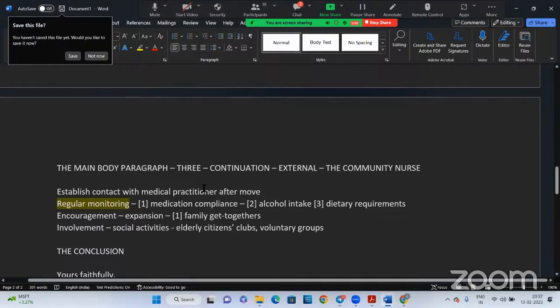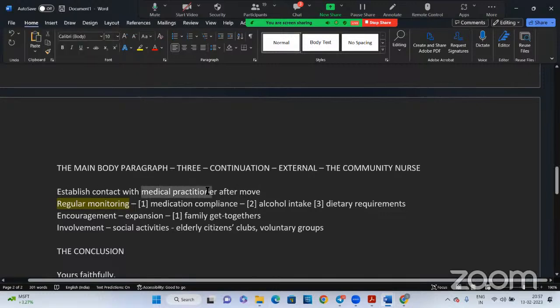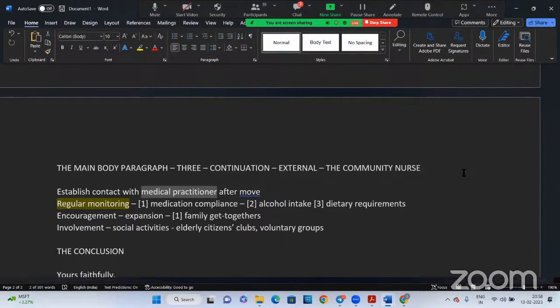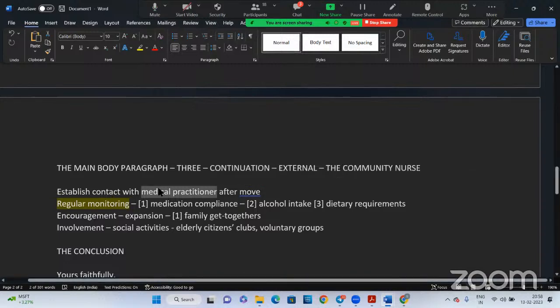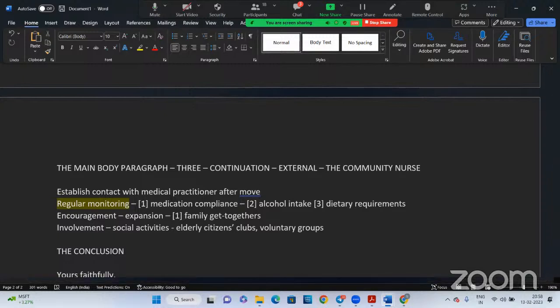Establish contact with medical practitioner means the doctor, because if any problem is there, first contact should be there and keep the doctor informed. So these are the points here: establishing contact with medical practitioner after moving, relocation.